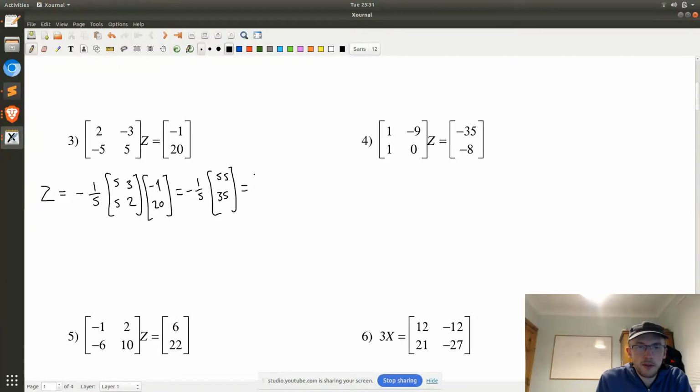And negative a fifth of this is negative 11, negative 7. Next, determinant 0. Okay, so it's 9. So 1 over 9.